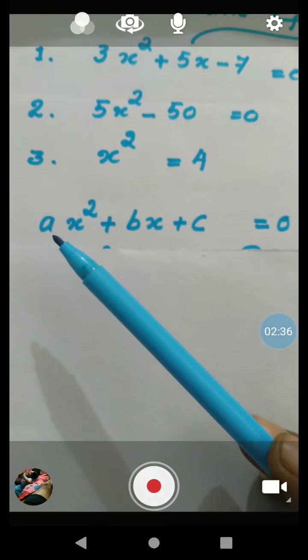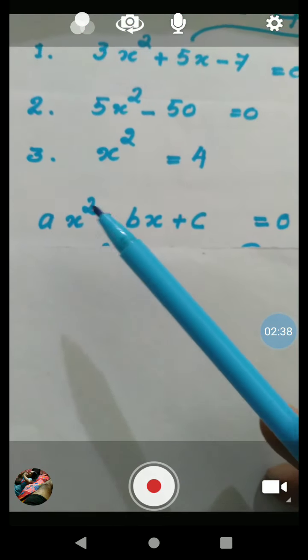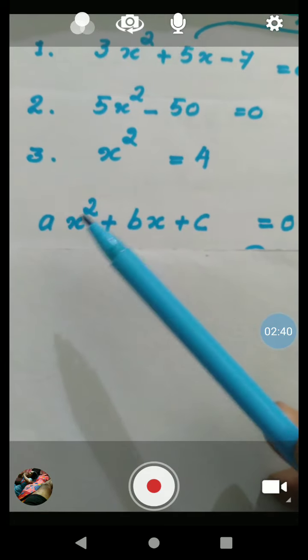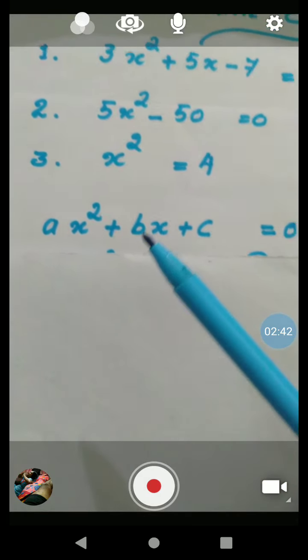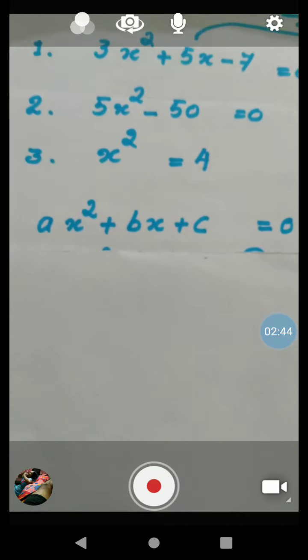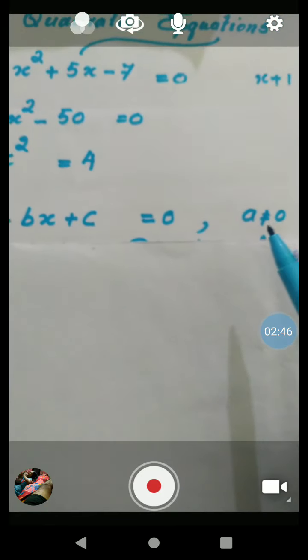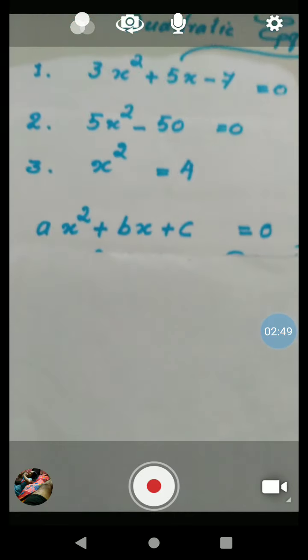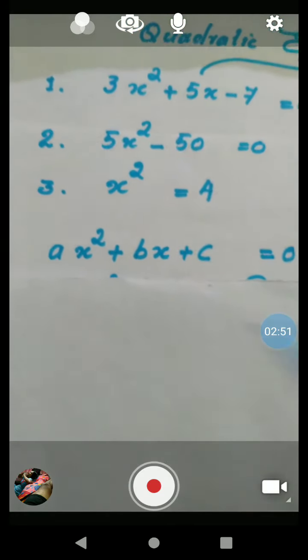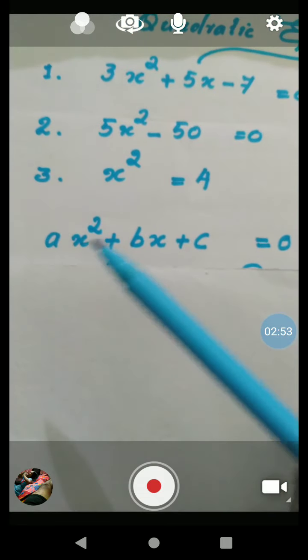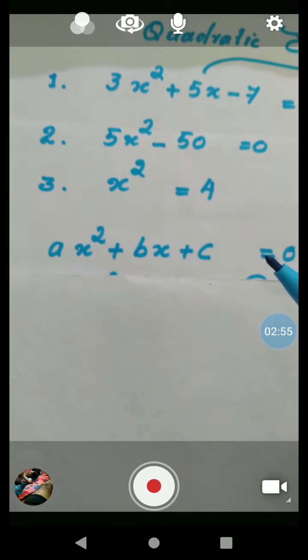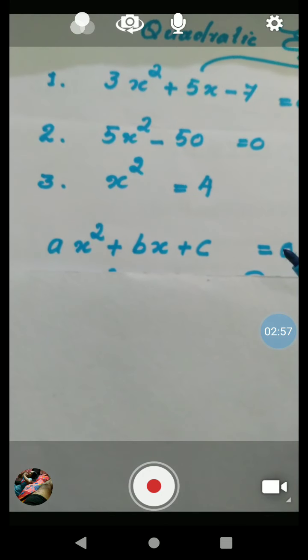If a is equal to 0, what will happen? This term will cancel and then the remaining part is a linear equation. Therefore, the condition is a does not equal 0. And here a, b and c are real numbers.